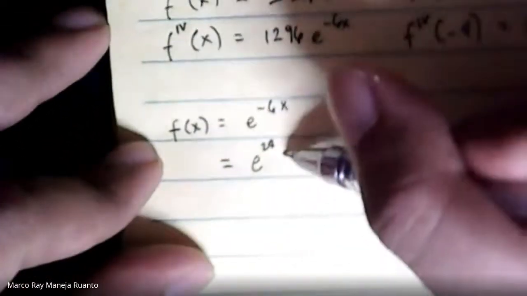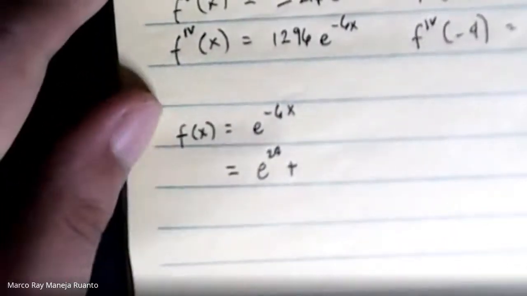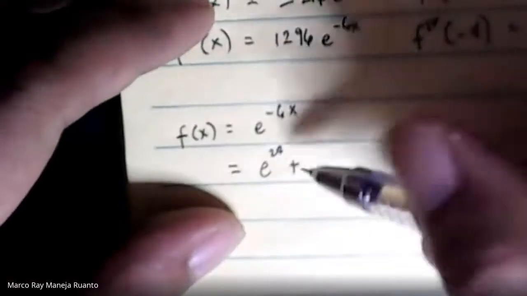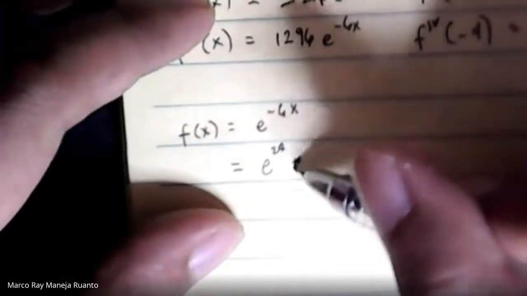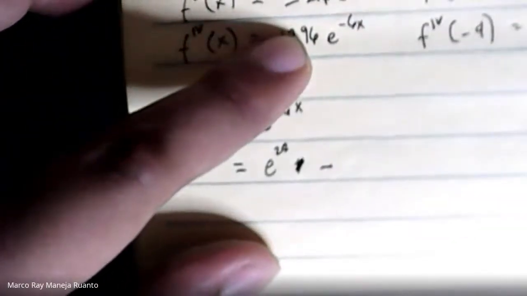Then plus dayon, first derivative, it's minus na dahil, no? It's minus 6 e to the 24 times x plus 4.